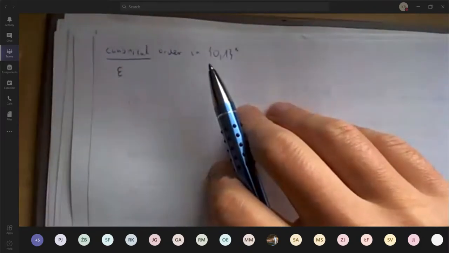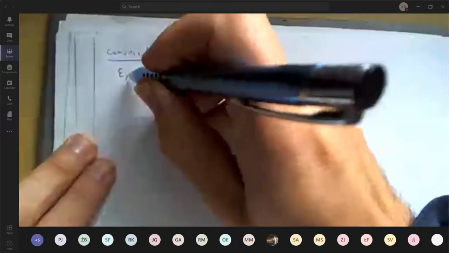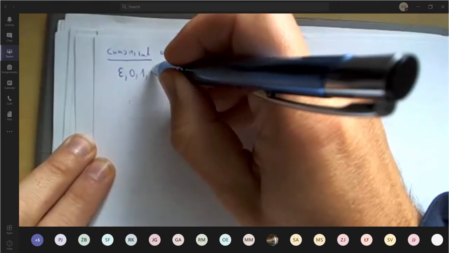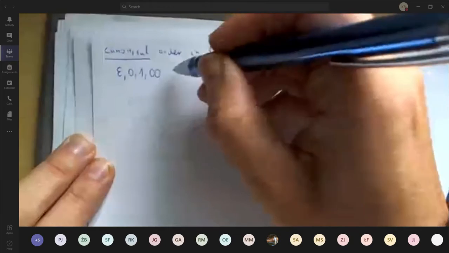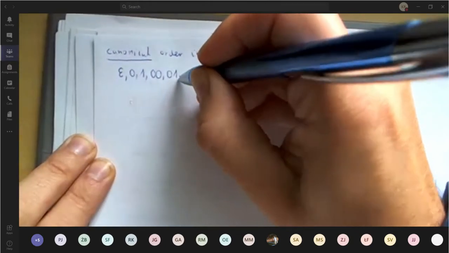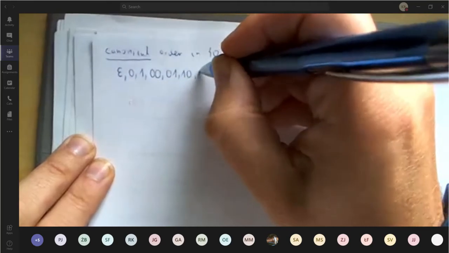So the first string in the order is the empty string, then 0, 1. Then all the strings of length 2: 00, 01, 10, 11.